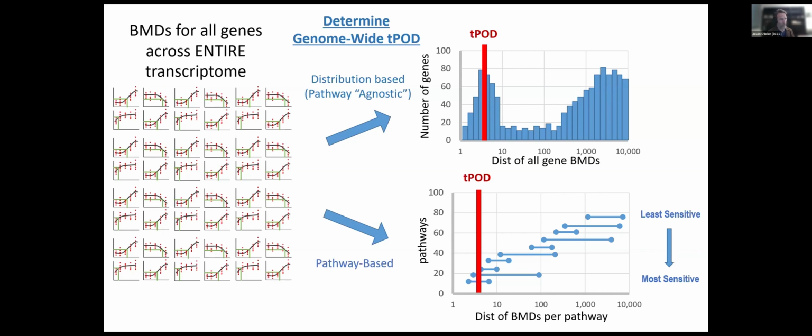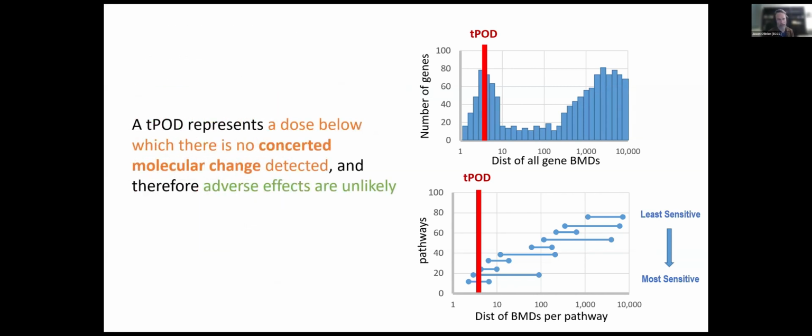So these are two different ways to do it. They generally get you a very similar response, and each of these approaches has multiple methods within itself. What they all represent is a dose below which there's no concerted molecular change detected, and therefore adverse effects are unlikely at these doses.